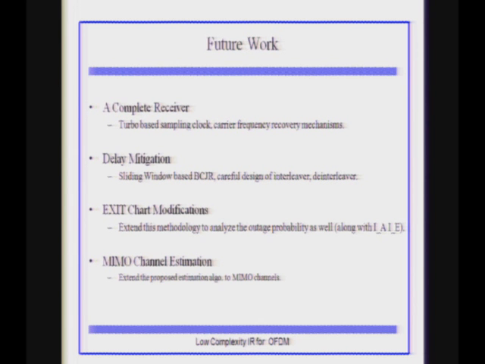The problem with the EXIT charts as we went along is that, especially for MIMO systems, in the Doppler channels, we have a lot of deep fading. Because of that, you need the BER on one axis, and you need the outage probability on the other axis, so it should be a 3-axis kind of thing.